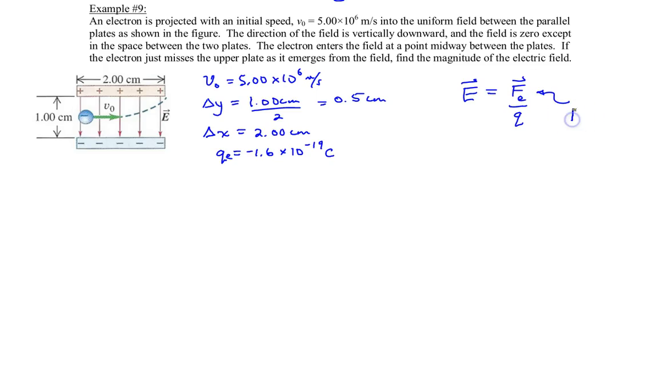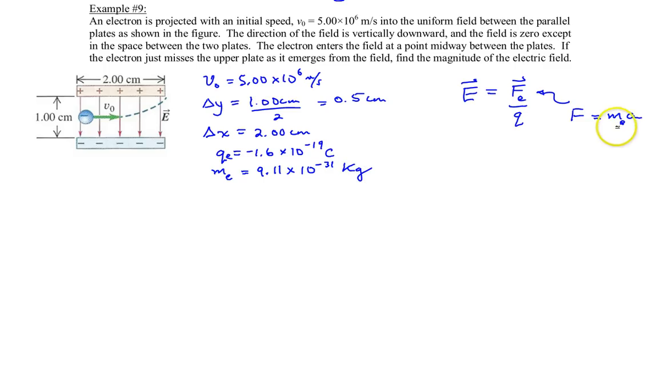Well, my guess is we can go back to our dynamics and recall that force equals mass times acceleration, and hence we would need to know the mass of an electron. So the mass of an electron is 9.11 times 10 to the power negative 31 kilograms.